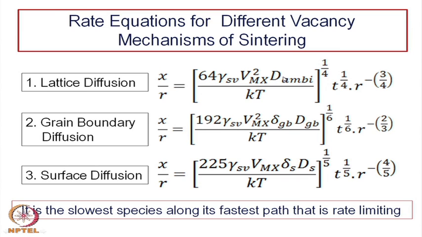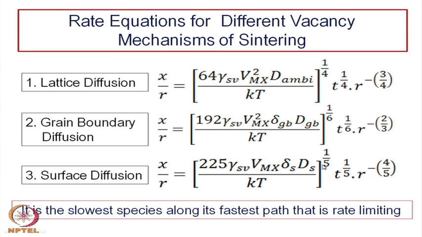We will define that. What is that actually? It is the ambivalent diffusion coefficient, and then D GB is the grain boundary diffusion coefficient of the same vacancy, and then the surface diffusion coefficient.